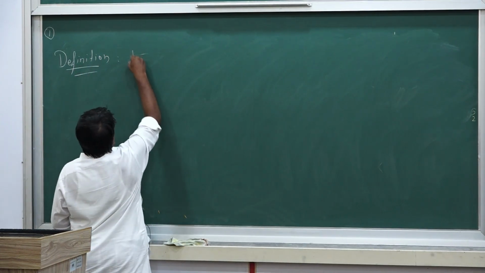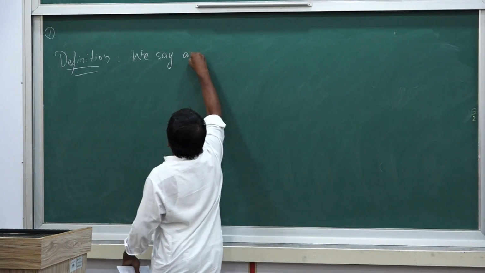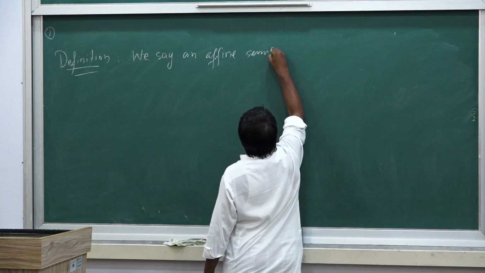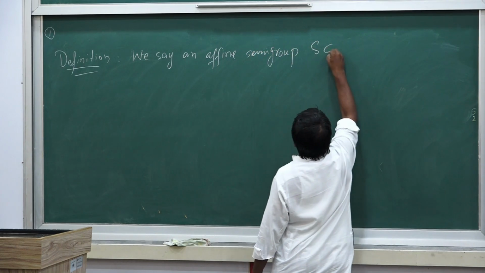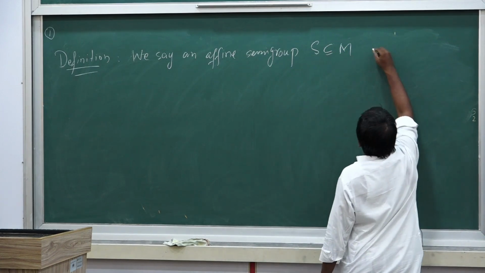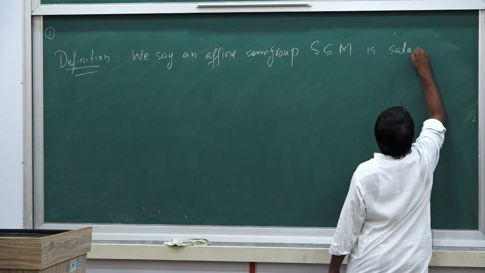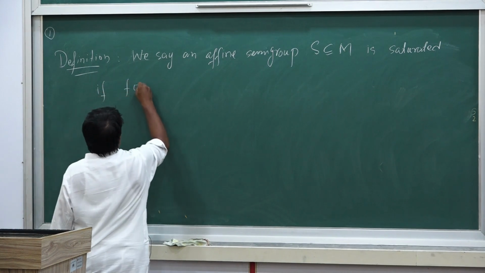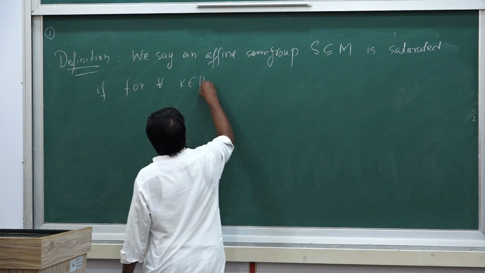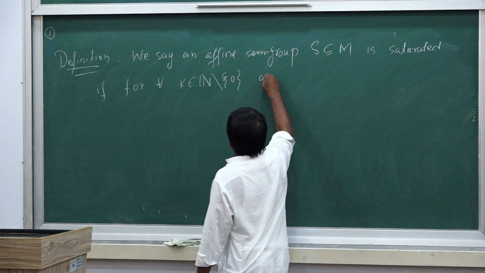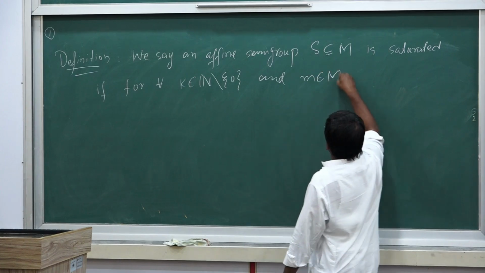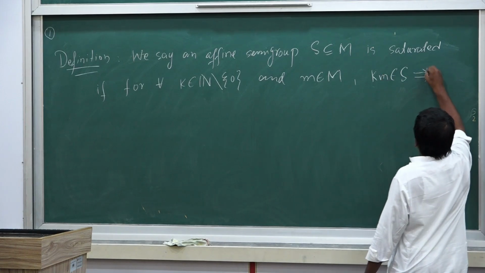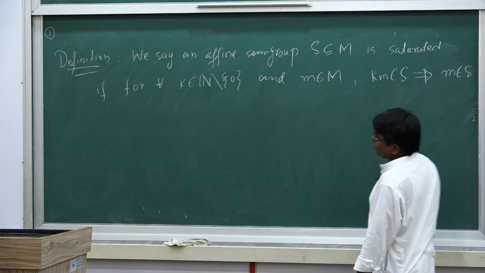We say a semigroup S inside a lattice is saturated if for all k from the natural numbers minus 0 and m belonging to M, if we have that km belongs to S, then m also belongs to S. Okay.